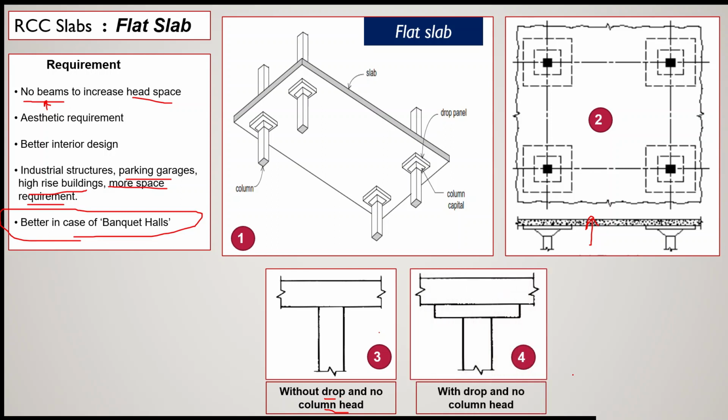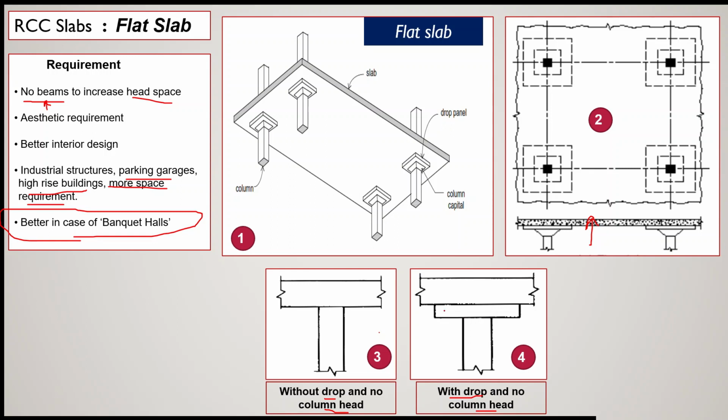Now in figure number 4, you can easily understand that this is a slab, this is a column, and on the column the area has been broadened with a drop but no column head. No column capital or column head is provided, only a drop is provided.